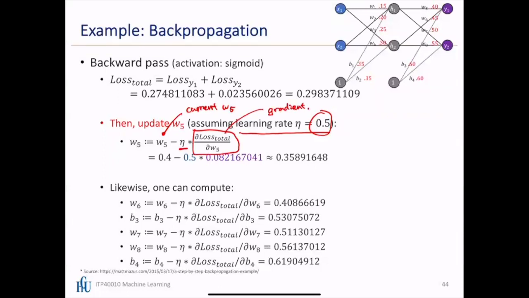If you multiply the gradient with the learning rate and subtract it from W5, you get the updated W5 value. So based on my current error, the next correct value for W5 is the subtraction between this, and this is your new W5.